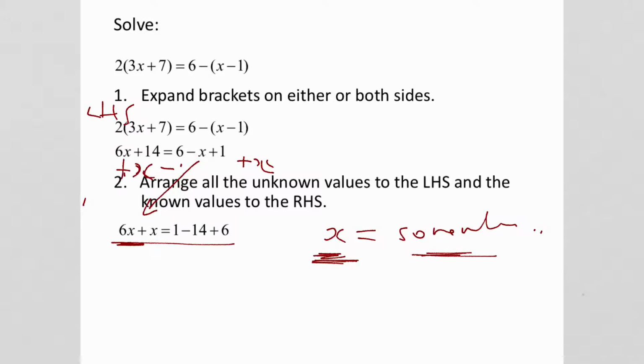That leaves me with 6x plus x there. On this side, minus x plus x is equal to 0, so I'm just left with the rest of the numbers as shown. So our unknowns and known values are all separated, and now we're ready to go on to the next step of solving our equation.